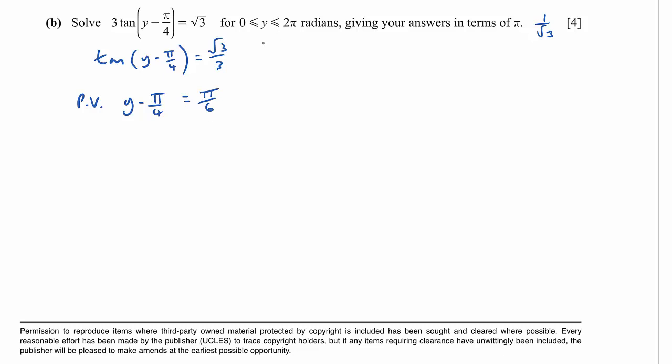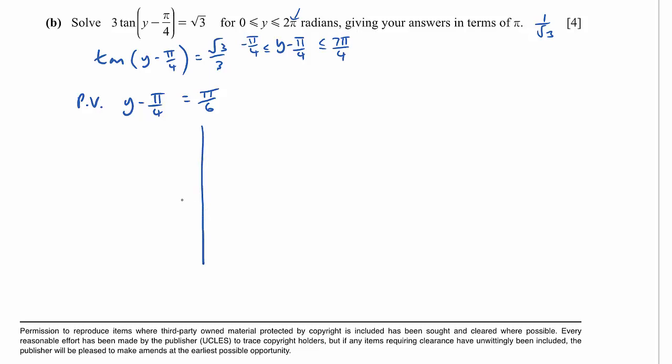And what we're going to do is we are going to be solving for y take away pi by 4. So we have to go from negative pi by 4, remember 2 pi is 8 pi by 4, through to 7 pi by 4.